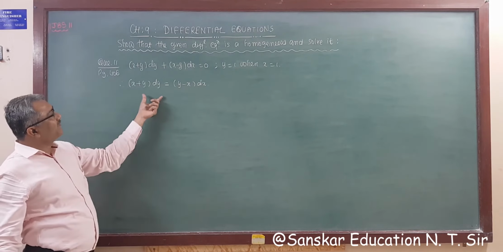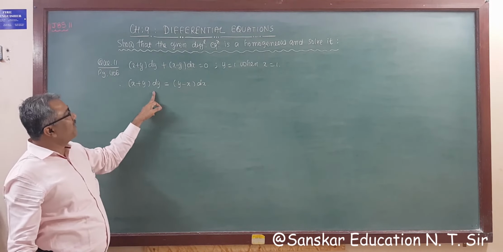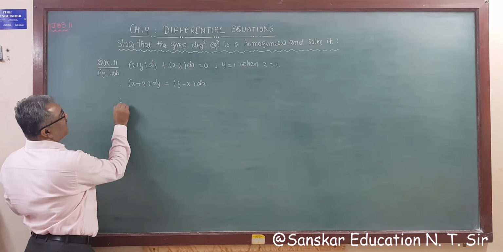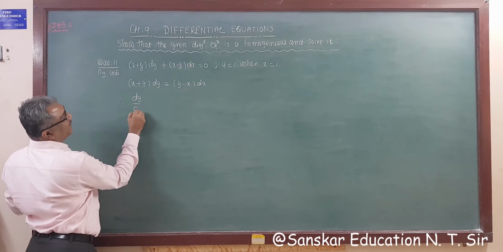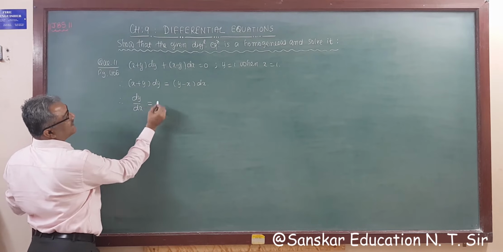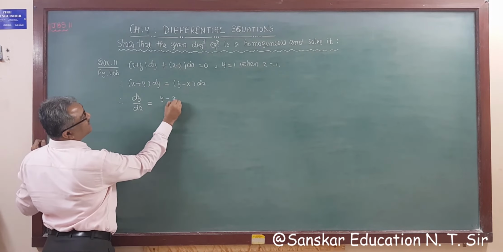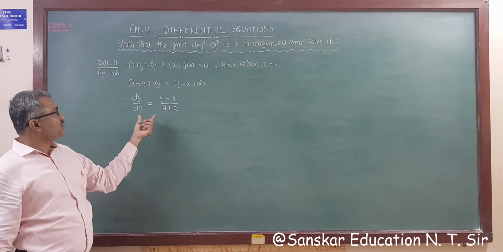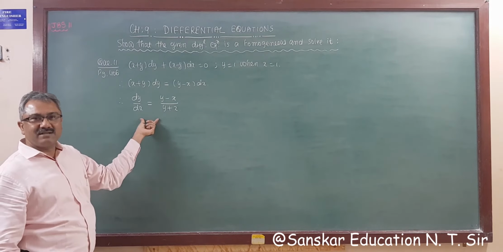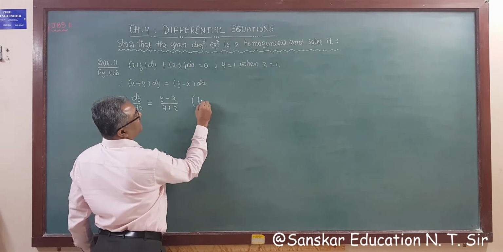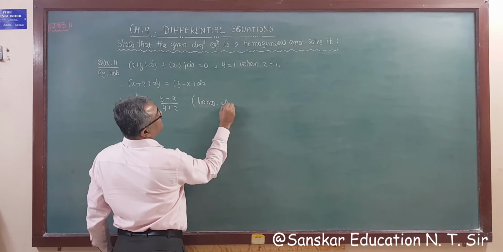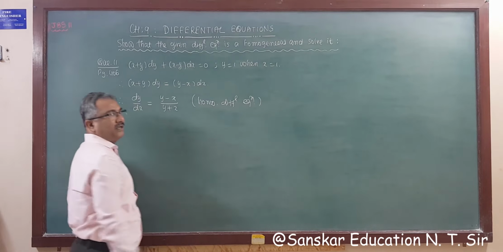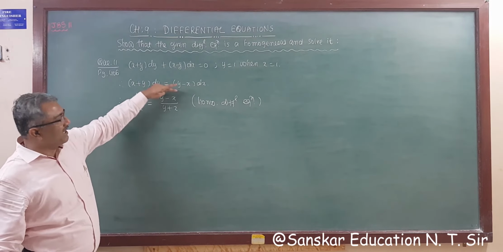Now before solving the differential equation, you know we have to express this in a dy by dx form. So expressing this in dy by dx form, we get dy by dx is equal to (y minus x) upon (y plus x), right? So this is a homogeneous differential equation, because degree of both are same.